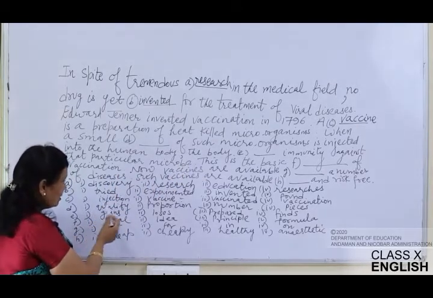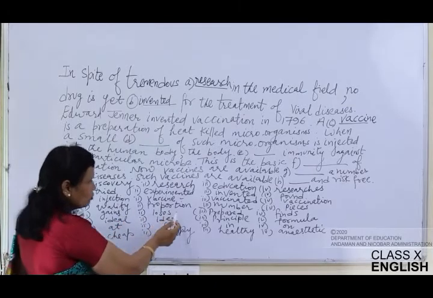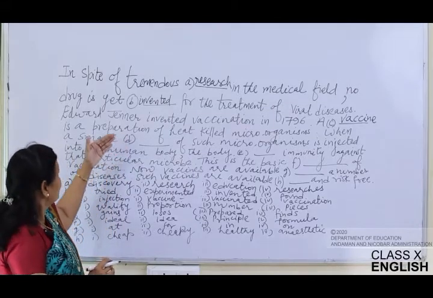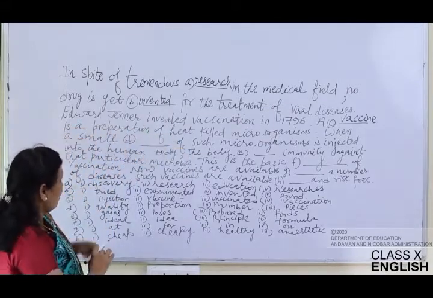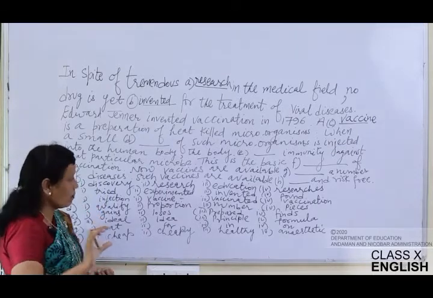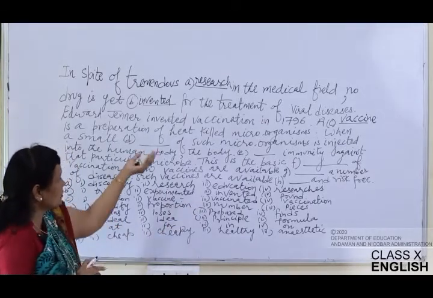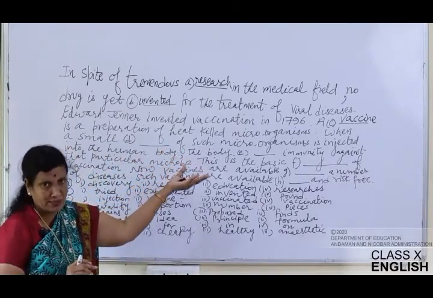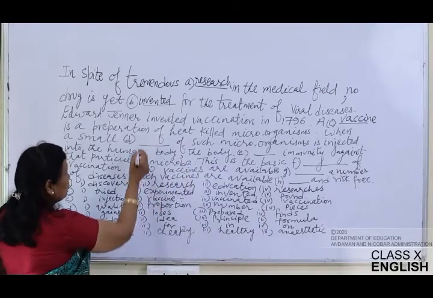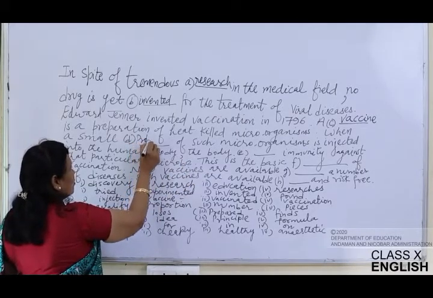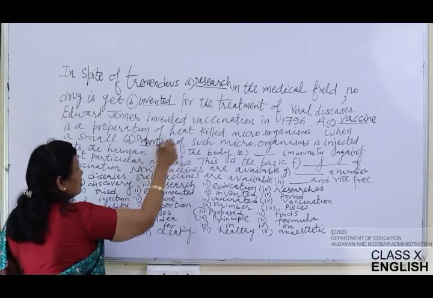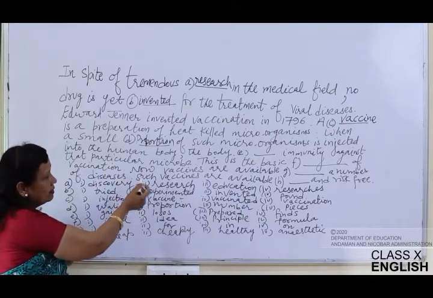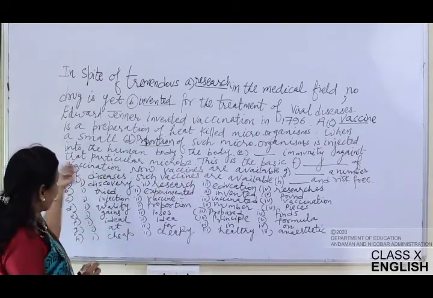Now let us look at D: qualify, proportion, number, pieces. When a small, that means amount. So it can't be number here because we are talking about microorganisms. So it will be proportion. When a small proportion of such microorganisms is injected into the human body, the body blank immunity against vaccination.